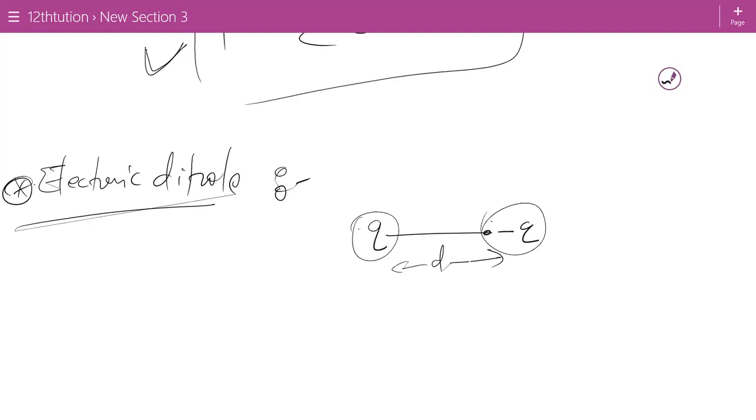That's why it is called a dipole. The dipole moment of this electric dipole is defined as QD: one charge multiplied by the length of the dipole.